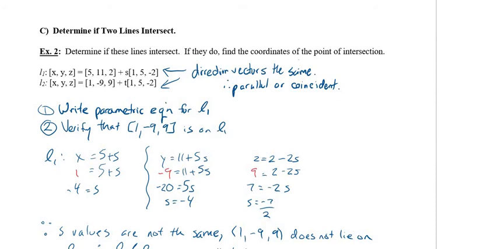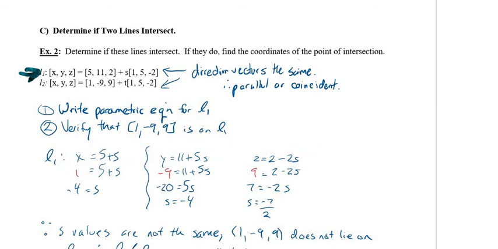If it doesn't work, then none of them works. So that's essentially what we've done just down below. We start by writing the parametrics from our first line 1. Okay, we just took out the x values, the y values, the z values, and we turned them into 3 separate equations.